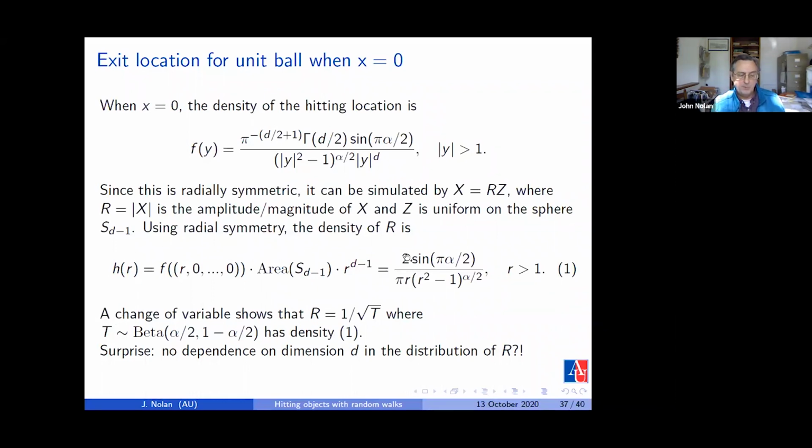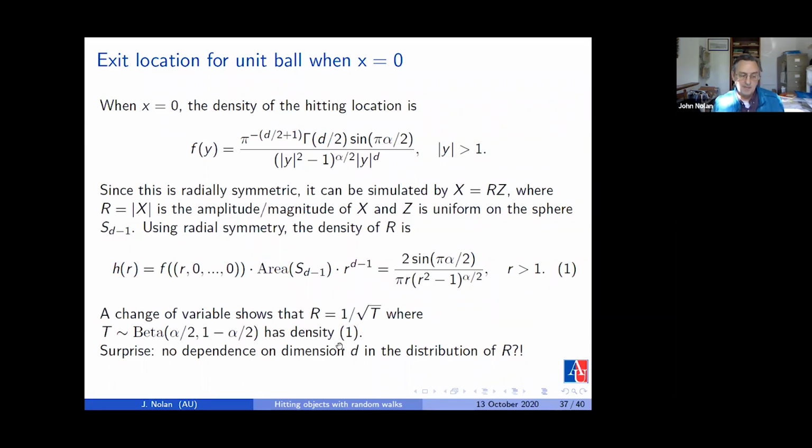Using radial symmetry, you can go through some calculations and find that the density of the radial distribution is given by this expression. Then a change of variable shows that you can get this density by taking 1 over the square root of a beta random variable with shape parameters alpha over 2 and 1 minus alpha over 2.